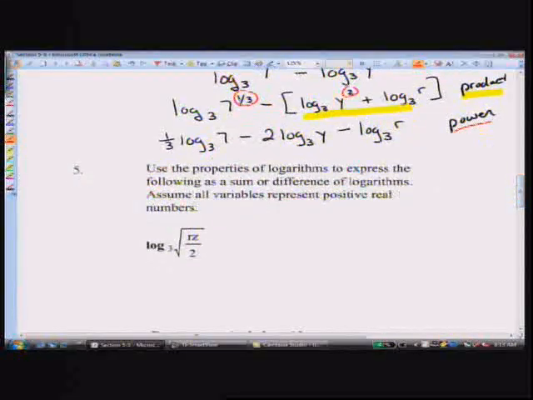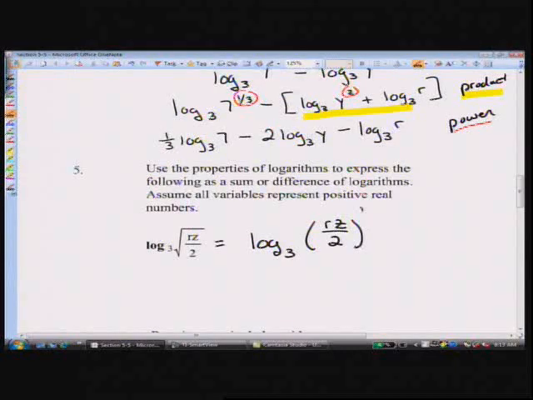So this one, the way you want to write it first is to think of this as log base 3 of rz over 2 to the 1/2 power. Because of the way this is, you're going to need to do all 3 rules, but you're going to want to do the power rule first. So we'll bring that 1/2 to the front, and we'll have 1/2 log base 3 of rz divided by 2.